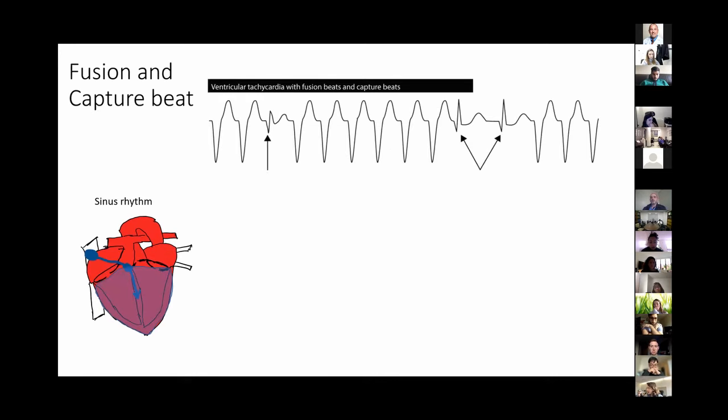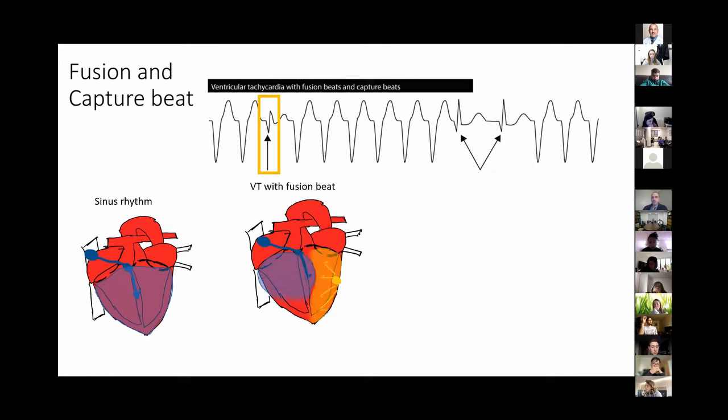Other phenomena that you might have heard of are called fusion and capture beats. If you find them, they just tell you that there's AV dissociation. So this is just evidence of AV dissociation, but these are also very specific for ventricular tachycardia. First, you have fusion beat.